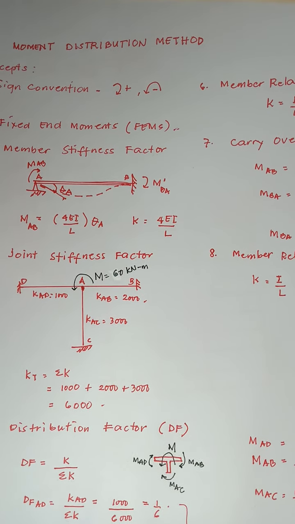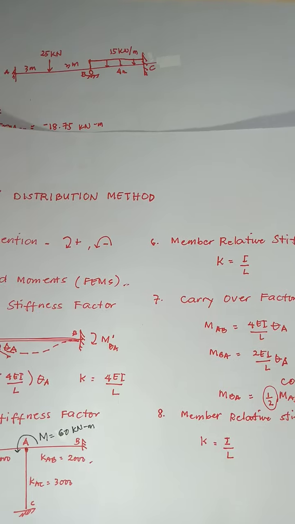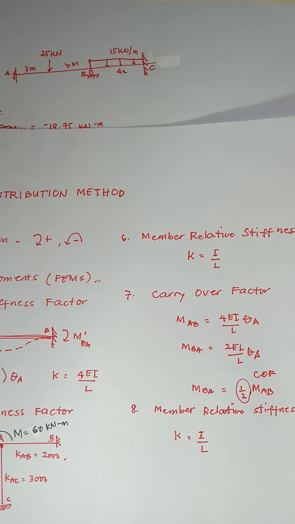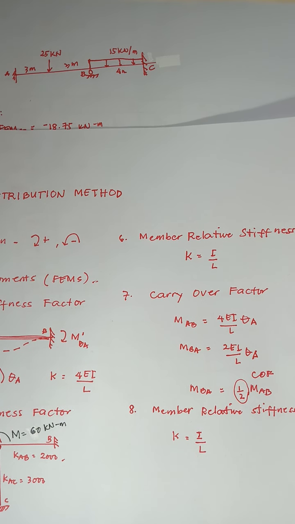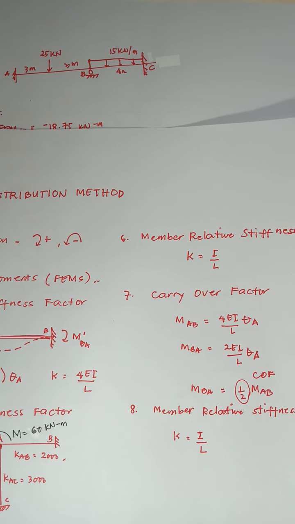Now we also have what we call the relative stiffness. Mostly the members of a frame have the same modulus of elasticity.